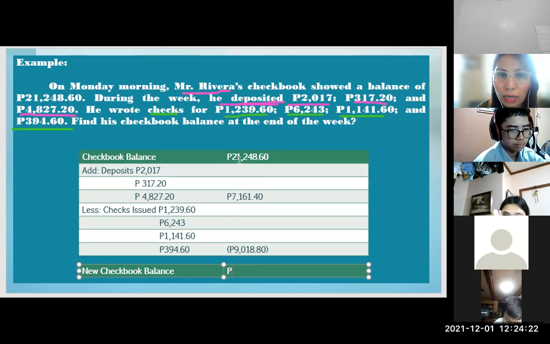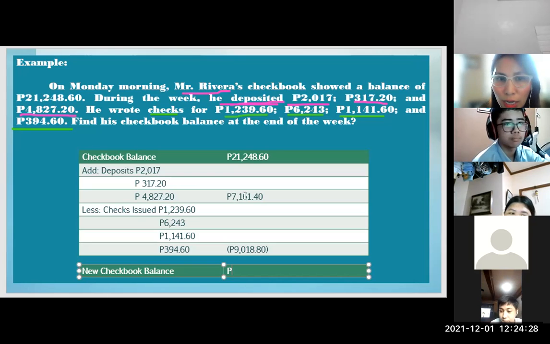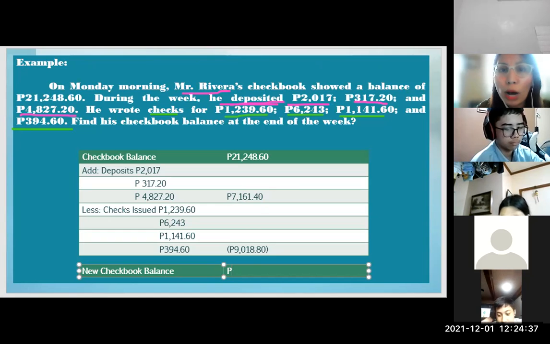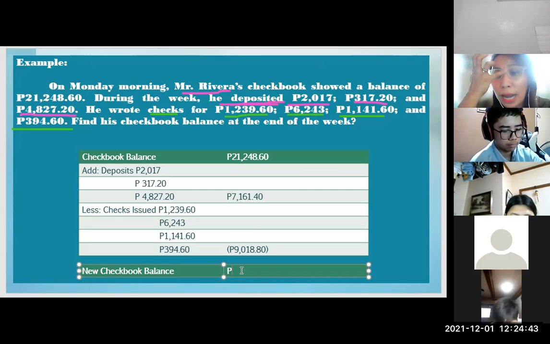Ayan. So, itong 21,248.60, i-add natin tong 7,161.40, ima-minus natin yung 9,018.80. What's the new checkbook balance now?